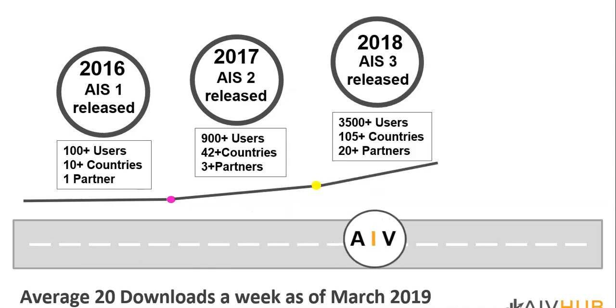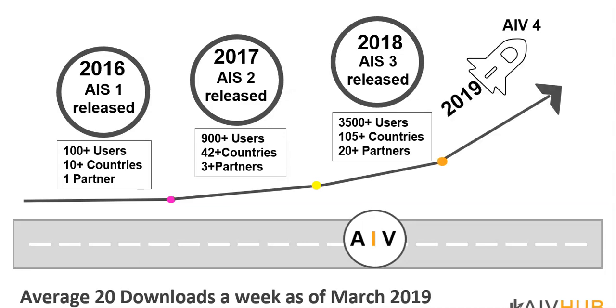In 2018, we started our Indian operation and released version 3 as well, and we got 3,500 plus users in more than 100 countries with the help of 20 plus channel partners. And in 2019, we recently launched version 4, which has predictive modeling and R and Python support.